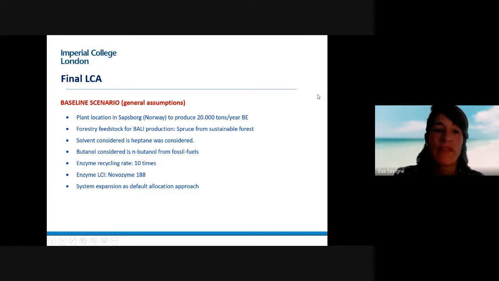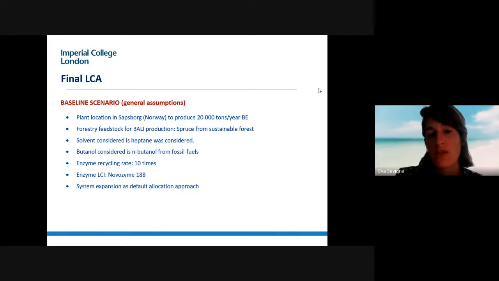And these are some general assumptions associated with the baseline scenario. Because we didn't know by then where this large facility was going to be located, we decided to locate it in Norway, because this is where the production of the valley, which is the raw material that we needed in our process, is produced right now.